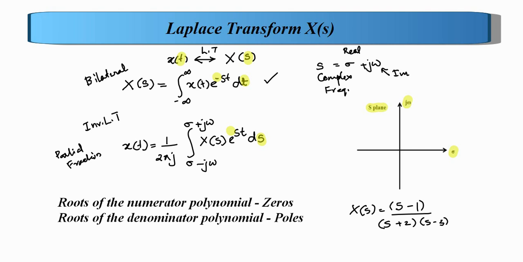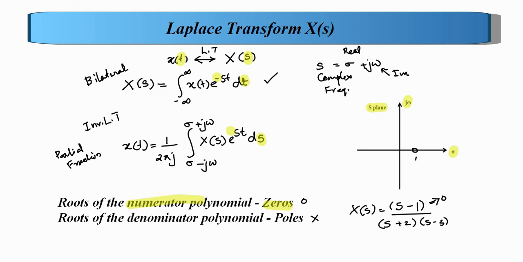The roots of the numerator polynomial are known as zeros. In this example we equate the numerator equal to 0, so you will get s is equal to 1. Normally zeros are represented by a small circle and poles are represented by a cross. So here s is equal to 1 is a root, and you can mark the zero.